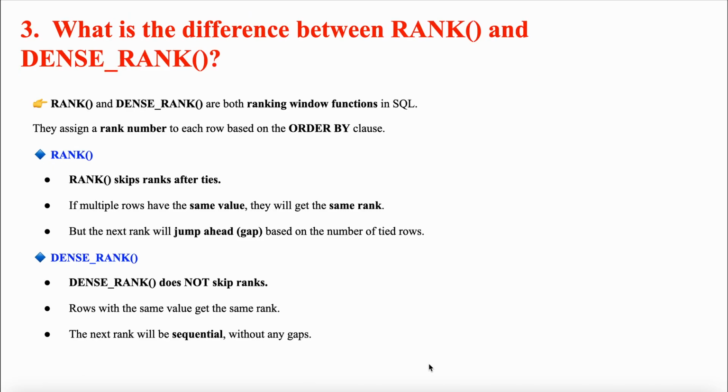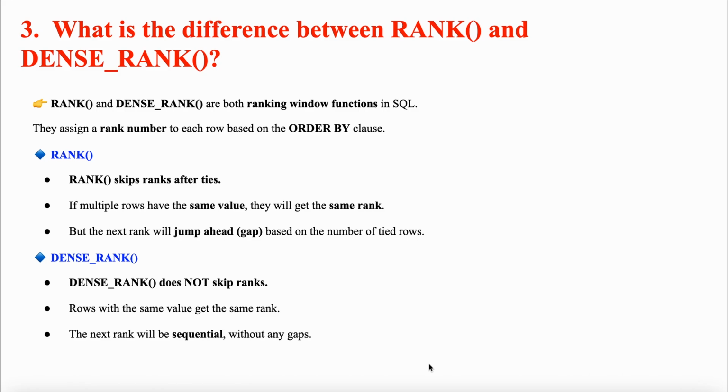Now, let's answer a very common interview question. What is the difference between rank and dense rank in SQL? First, both rank and dense rank are ranking window functions in SQL. Both of them assign a rank number to each row based on the order by clause. Now, the difference is how they handle ties when multiple rows have the same value.